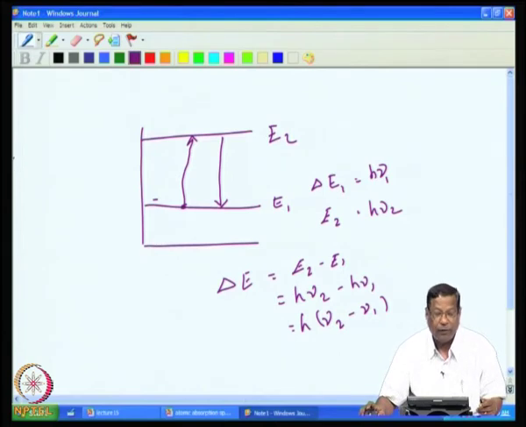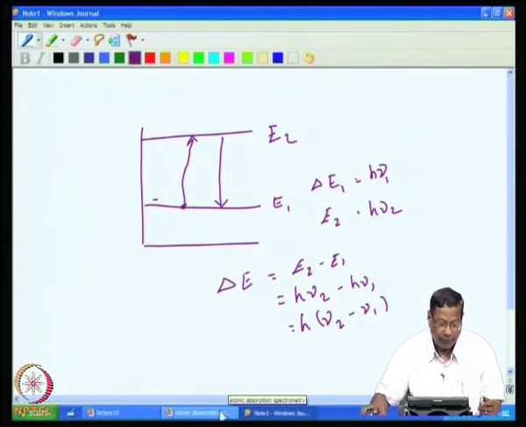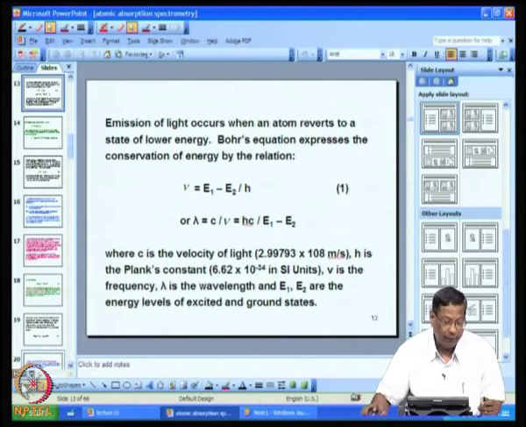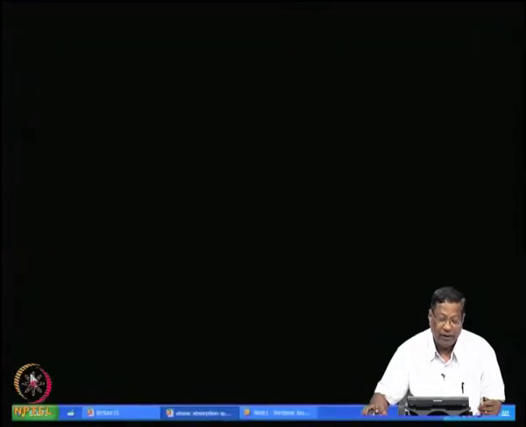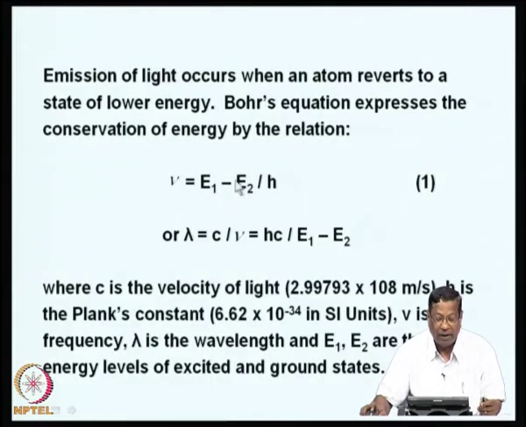And h, you know that it has something to do with the energy, and E1 minus E2 goes to mu and h.